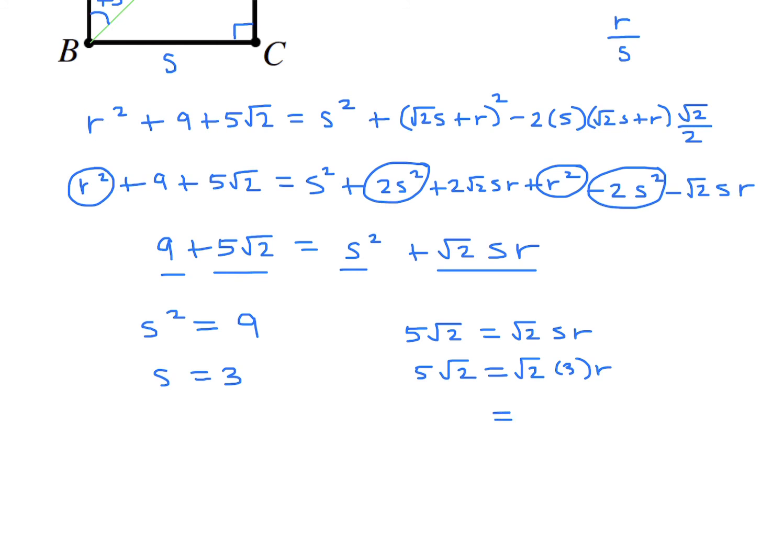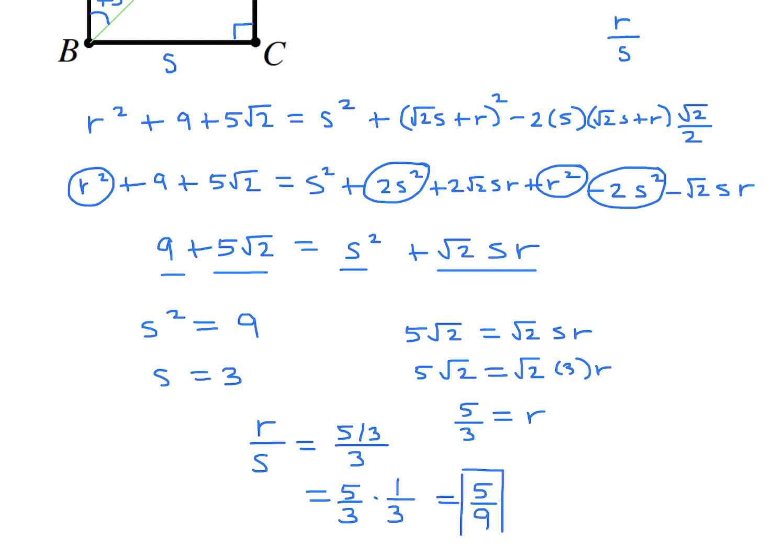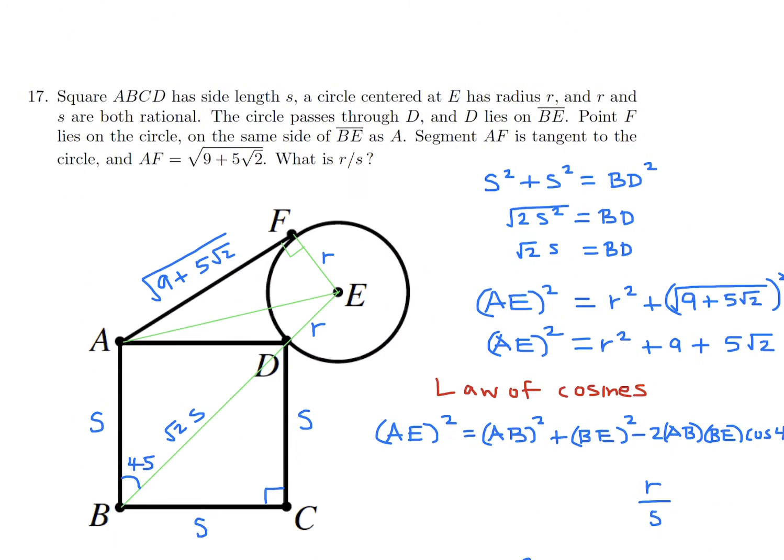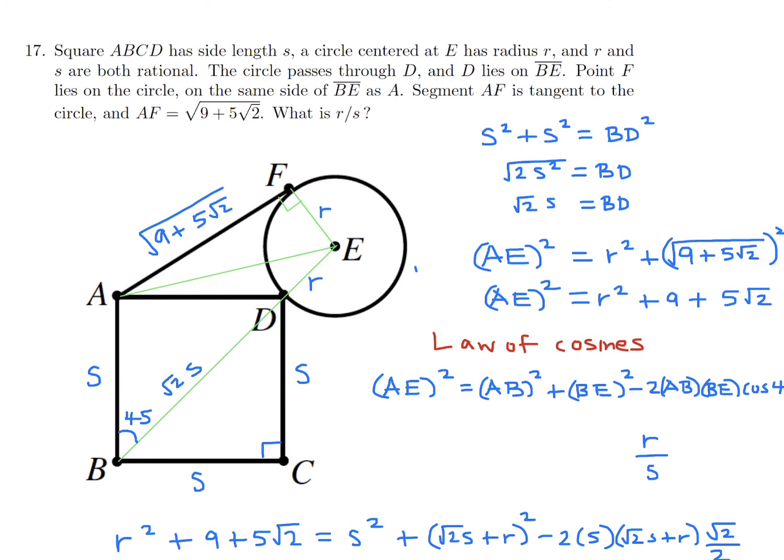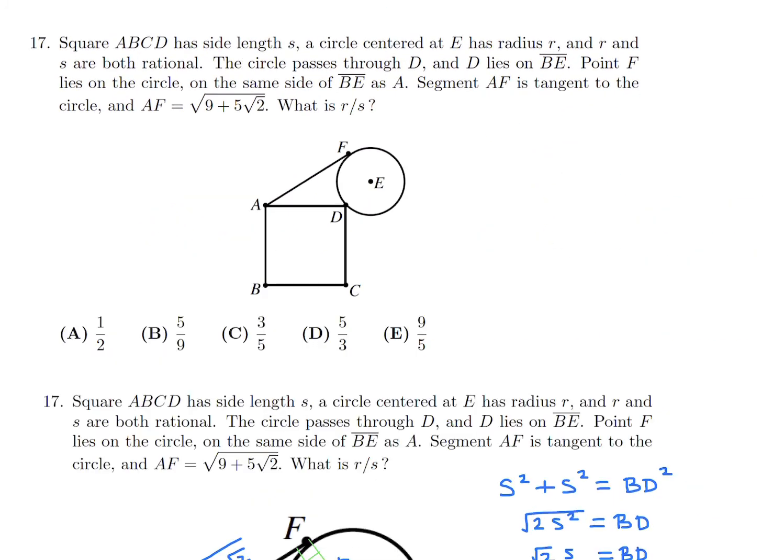The root 2's cancel, and then you just bring the 3 over, and that becomes R. So then finally our R over S would be 5 over 3, over 3. Invert and multiply, and you'll get 5 over 9. And that is your answer. So this question, which was number 17, the answer is 5 over 9, and that is choice B.